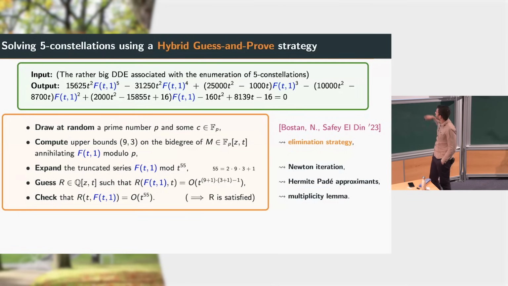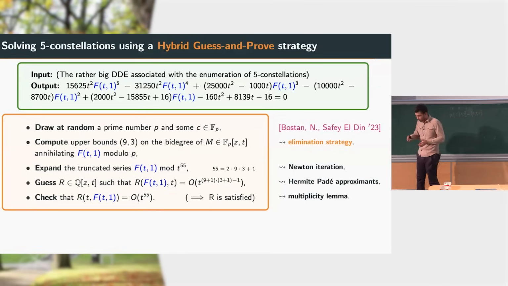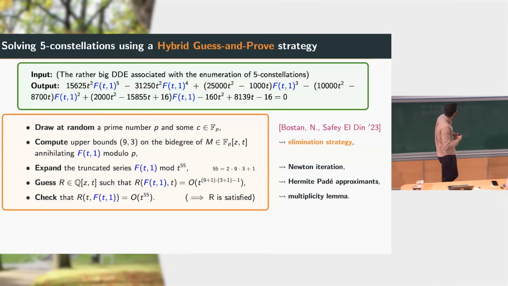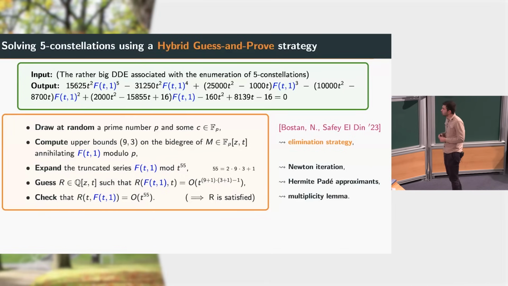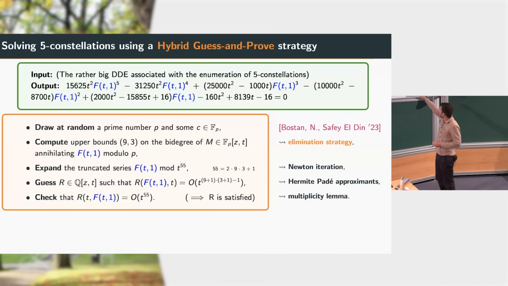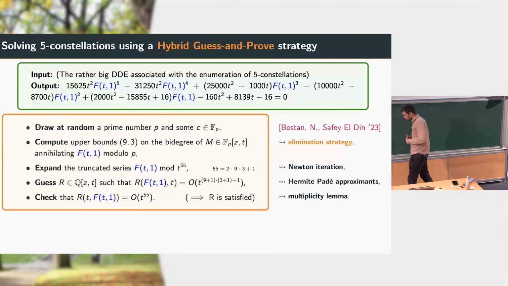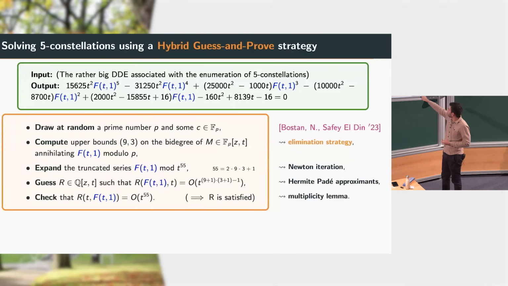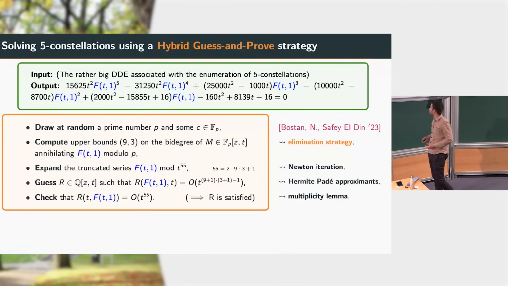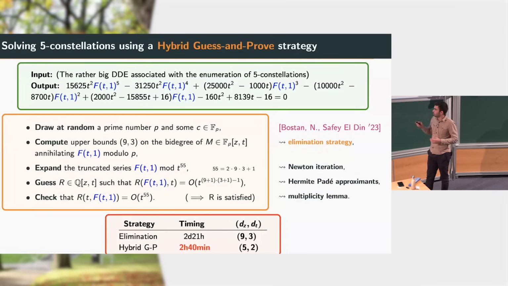Expanding the series in order to do the proving step is just some Newton iteration, a very basic algorithm, but a very powerful one. Hermite-Padé approximation is a well-known tool, also in algorithmic number theory. And in the end, the certification step is just some multiplicity lemma based on elimination theory.